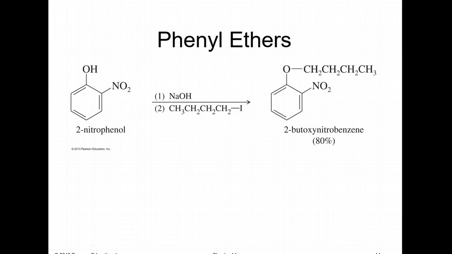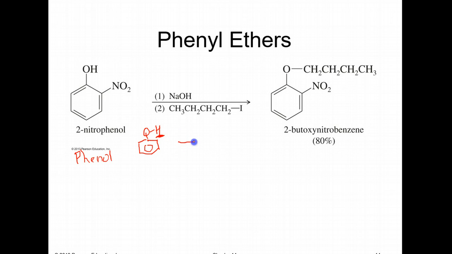Here's an example of a phenyl ether. Same type of thing, Williamson ether synthesis. However, your hydrogen on a phenyl ring or on a phenol, this is a type of a phenol. All right, remember phenols is an aromatic ring with an alcohol hanging off of it. All right. These hydrogens are much more acidic than a regular alcohol.